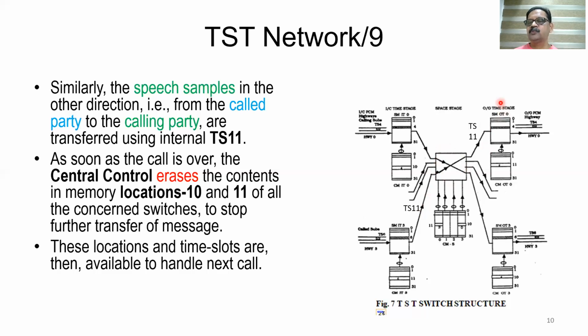In the output side, you have the time switch, which is input control. While writing itself, the information is written in the 4th location, so that as per the directives of the control memory, it can be sent on TS4.